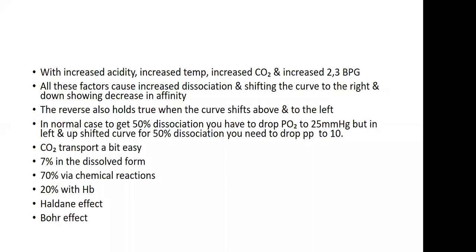All these cause the curve to shift to the right and down, which means availability of oxygen should be easy now. Dissociation is easy. Association or affinity decreases. Dissociation increases. More oxygen is released.